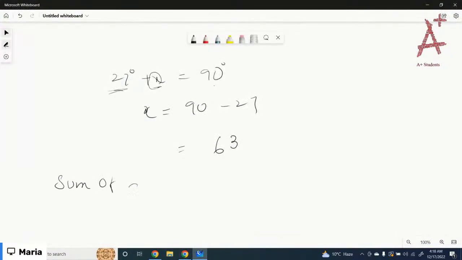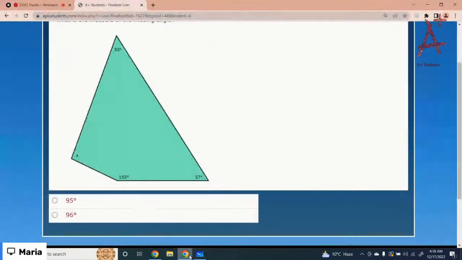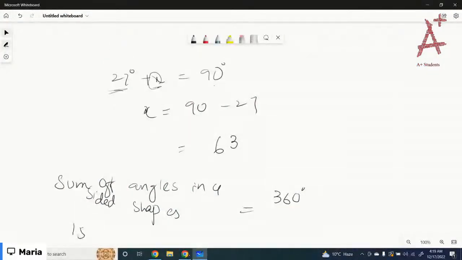Sum of angles in four-sided shapes must be 360 degrees. You are given three of the angles. They are 155, 53, and 57. And one of them is missing. You have to find the missing one.